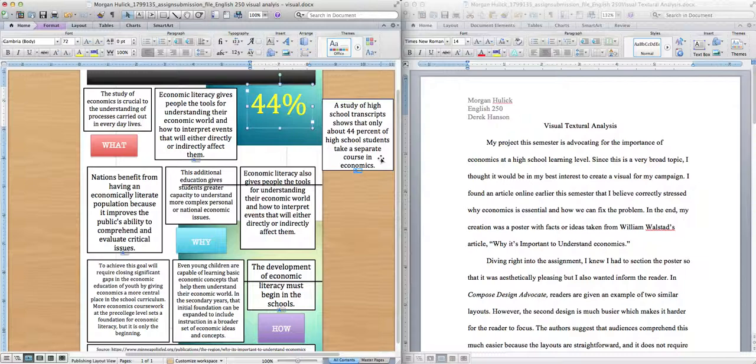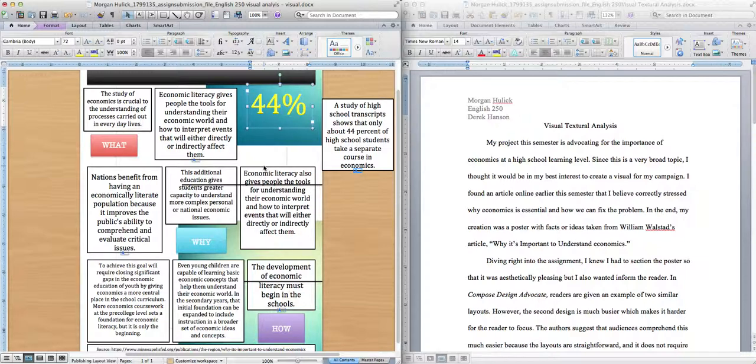That's very important. And also, if this is economics, how can we tie in money to this somehow? So thinking about ways to incorporate visuals of dollar bills or money signs, things of that nature.